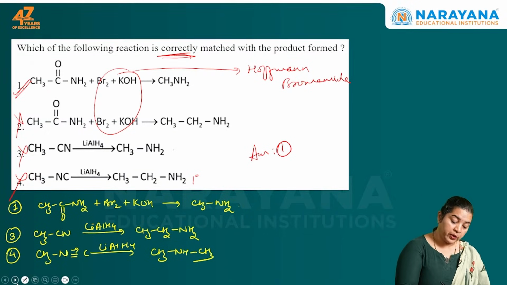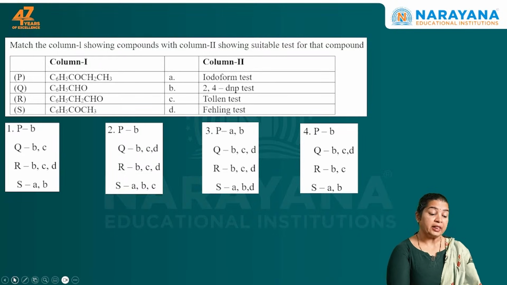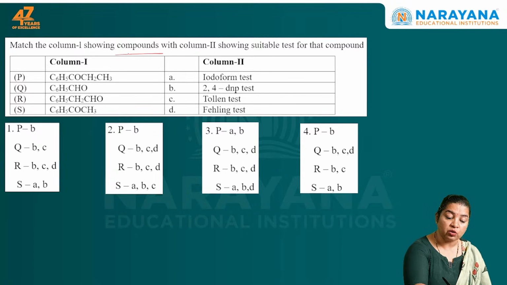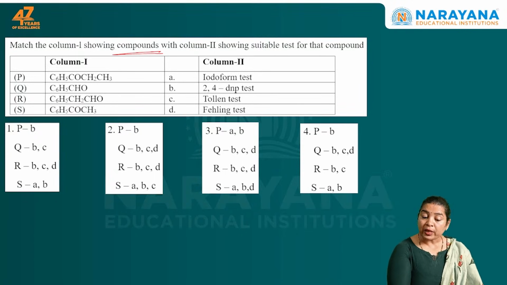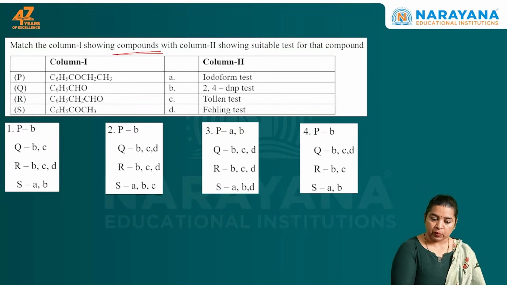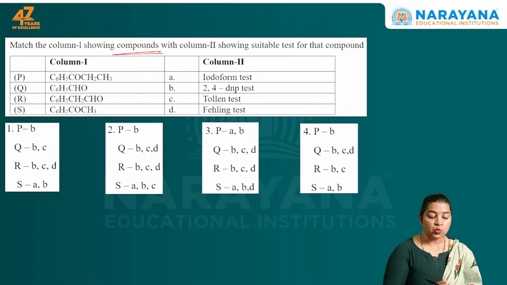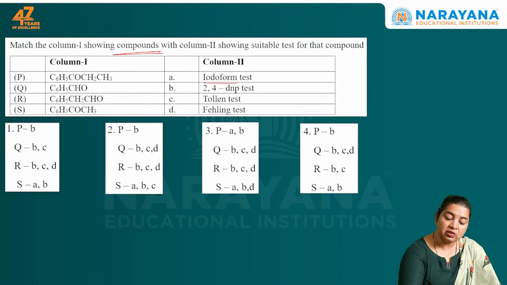Agreed? Moving to next question, that is match the column 1 showing compounds. In column 1 some compounds are being shown with column 2 showing suitable test for that compound. Okay. Let us do. The first test is iodoform test.